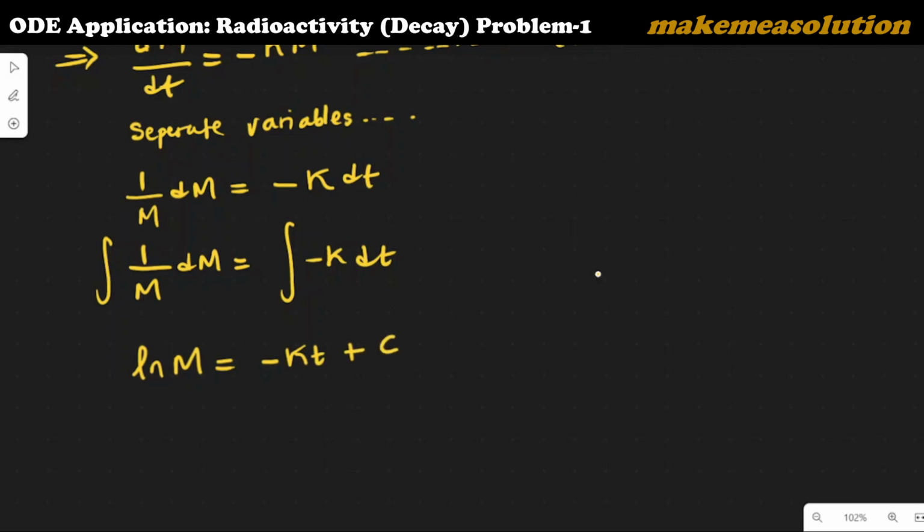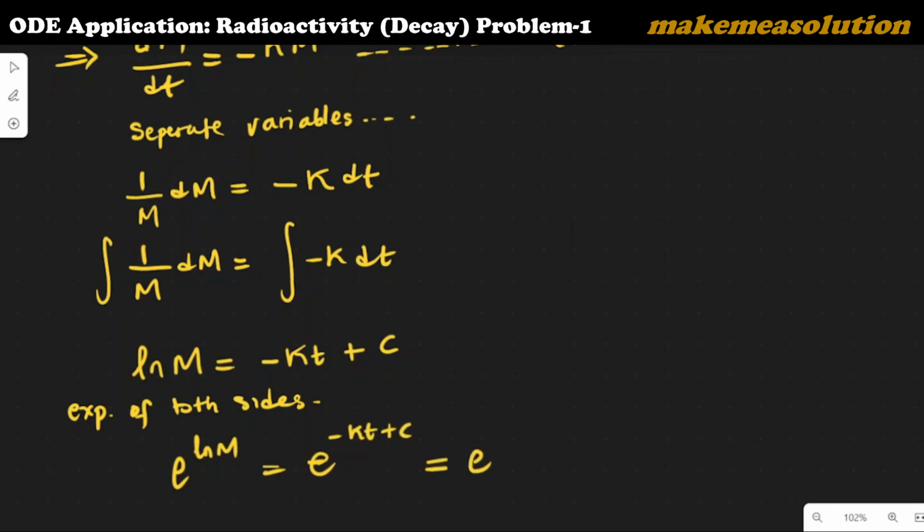And of course, if you take the exponential of both sides, you're going to get exponential ln m is equal to exponential negative kt plus c, which we have seen in an earlier video to be exponential negative kt times exponential c.